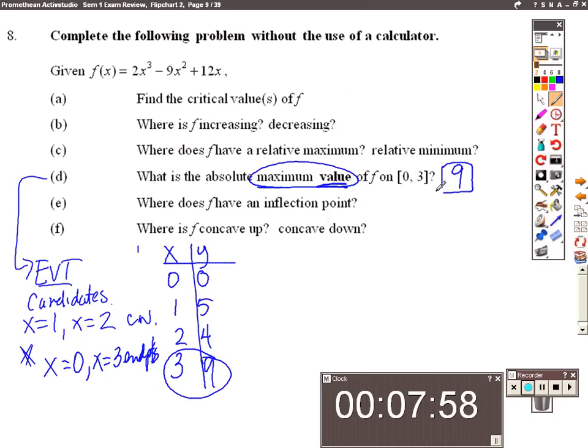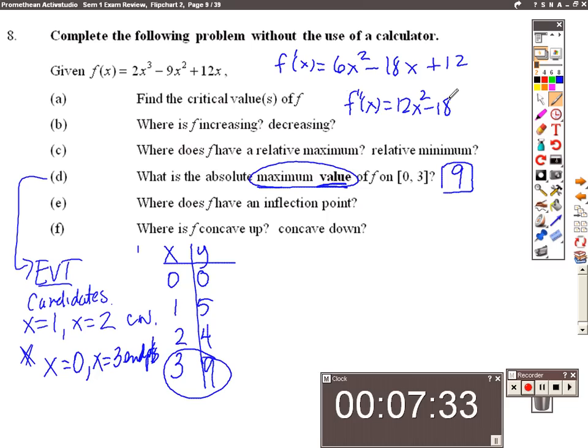Where does the original function have an inflection point? So now we want to find the second derivative. Let me go back up here and find my first derivative again. The first derivative was 6x squared minus 18x plus 12. So the second derivative would be 12x squared minus 18, and the derivative of 12 is just 0.